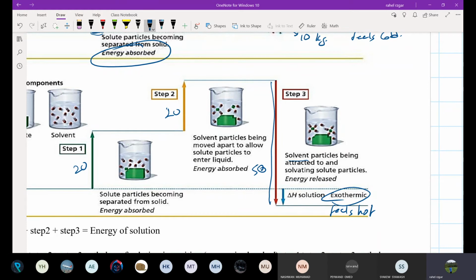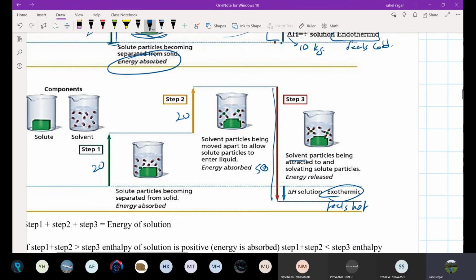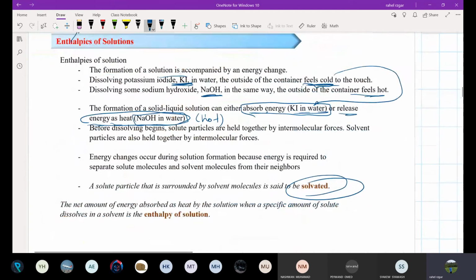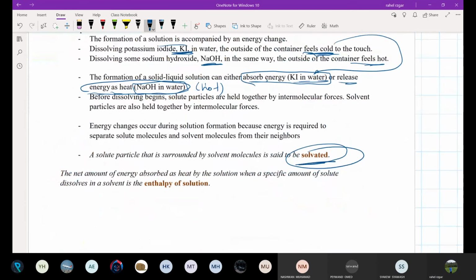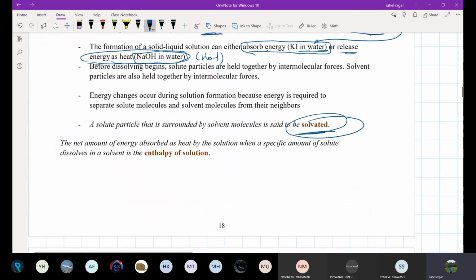Now, for every other solvent, even if it's not water, what do we call it? Solvated. What does solvated mean? When a solid particle is surrounded by a solvent. And an example of solvated is hydrated. When a solid particle is surrounded by water, we call it solvated and hydrated.